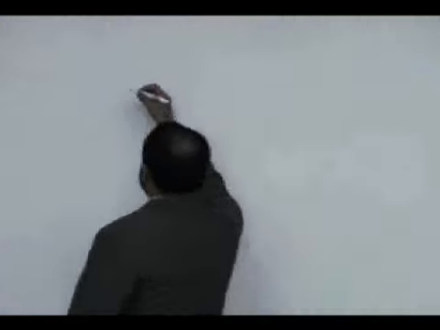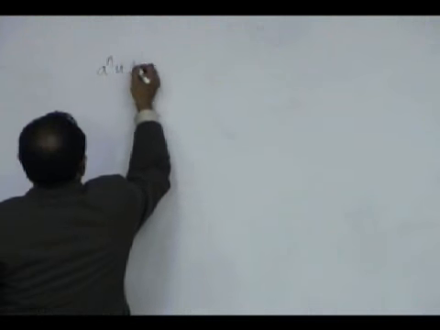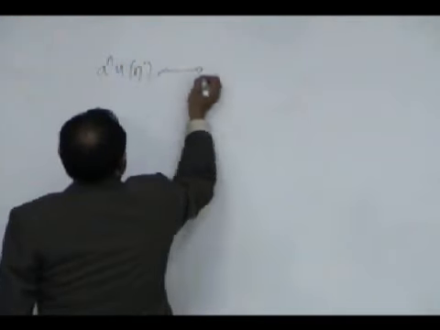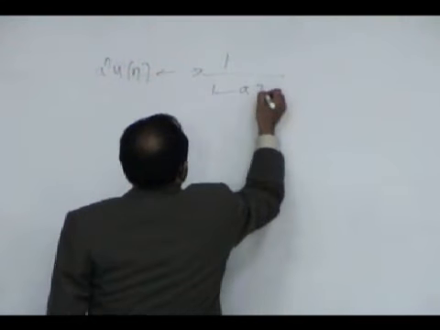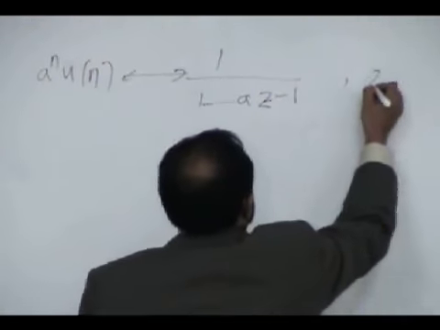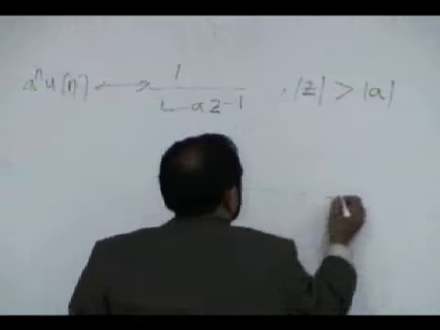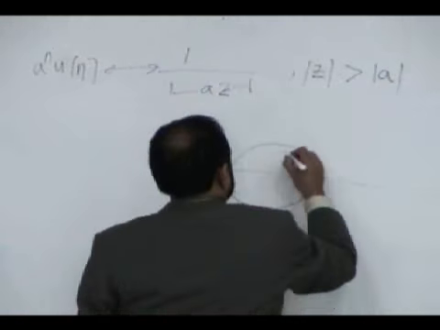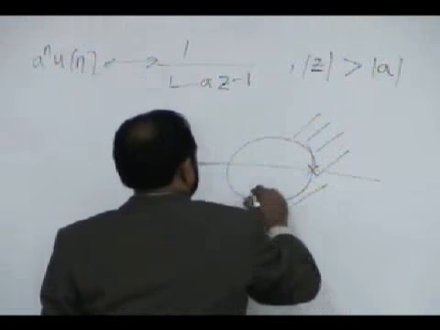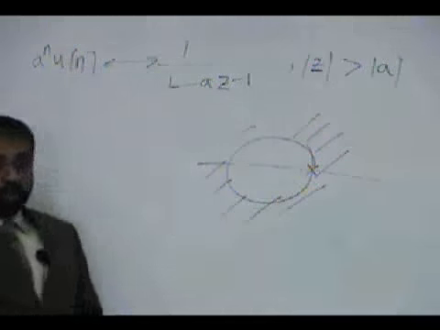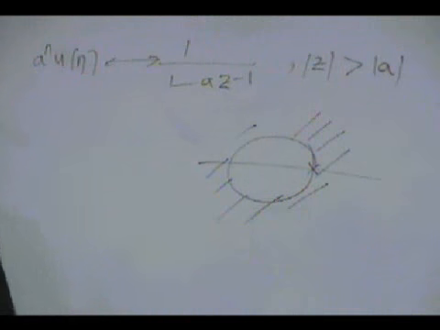If you are not given a region of convergence, for example, we started with a to the n, u of n, and you said the Z transform is 1 over 1 minus a z inverse. You say the region of convergence is outside a, and you plot the pole. Let's say the pole is here. You say outside the outermost pole. So every pole represents an exponential.